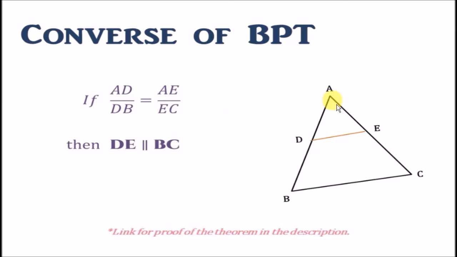Here, DE is intersecting AB at D and AC at E such that the ratio of AD by DB equals AE by EC. In this case, we will have the line DE parallel with the third side of the triangle, that is BC. Now, we will apply BPT and Converse of BPT to solve some questions.